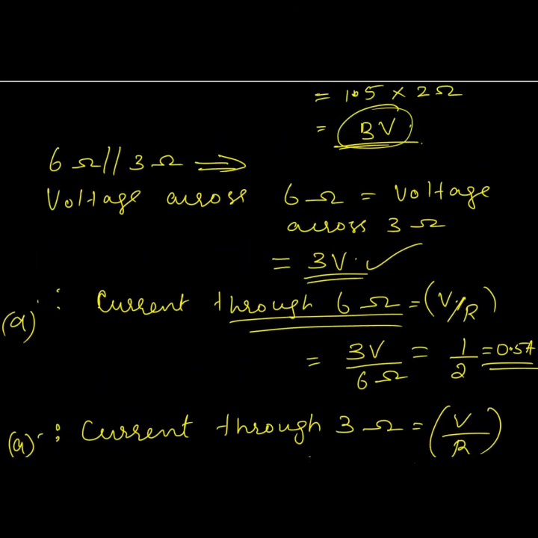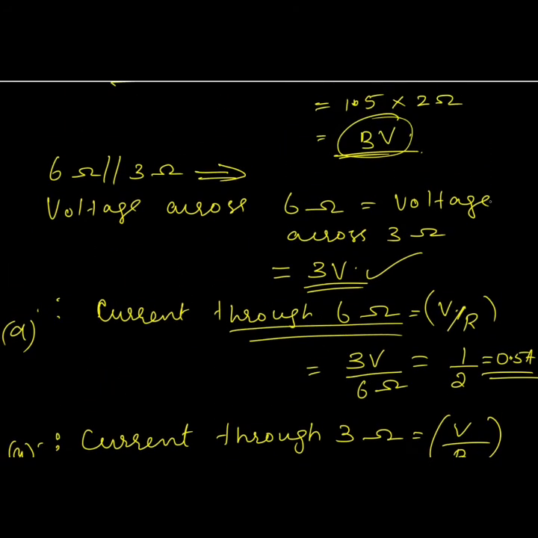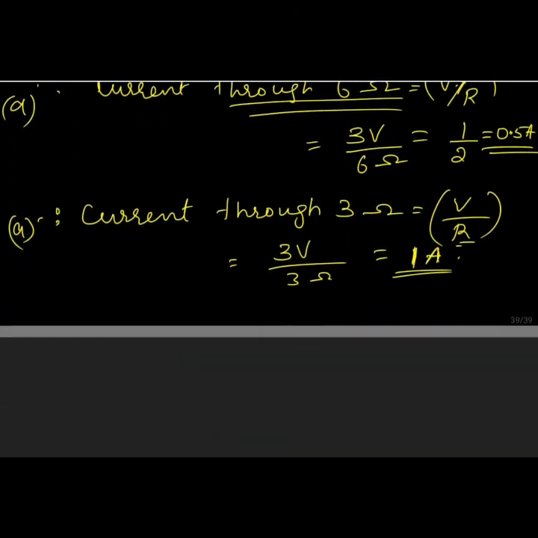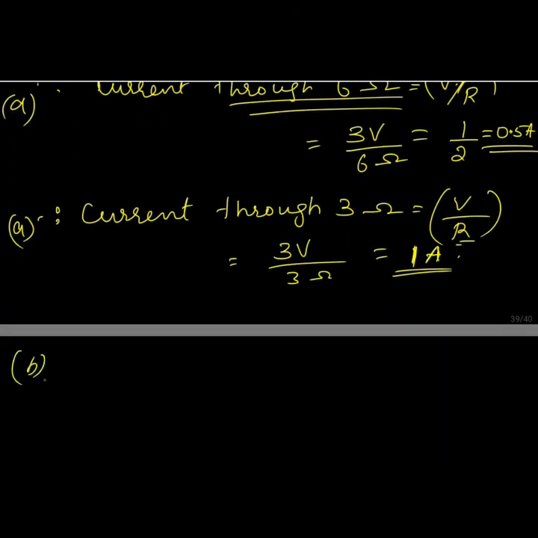Now, the second question is the PD across all the 3 resistors. We already got 3 volt across 6 ohm, and 3 ohm also 3 volt, because they are in parallel. So the PD across the first one, let us consider it to be 6 ohm, is 3 volt.